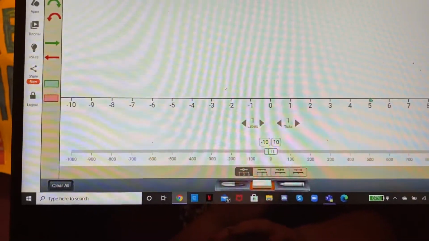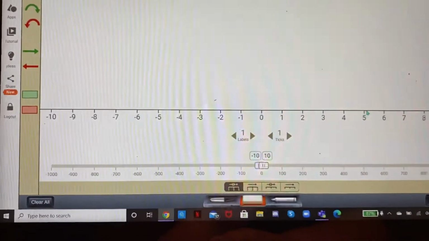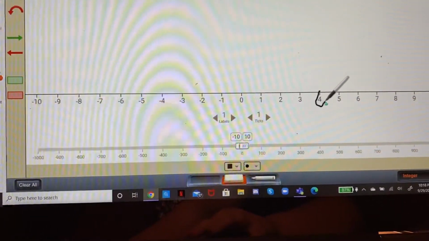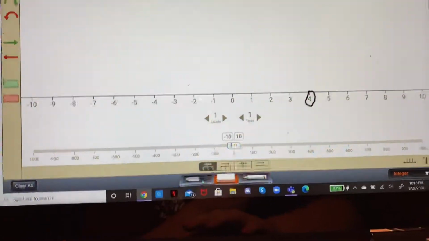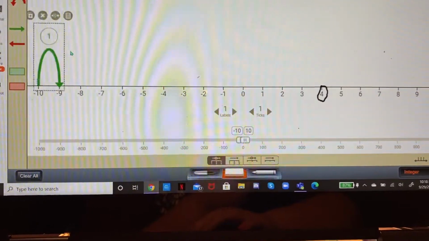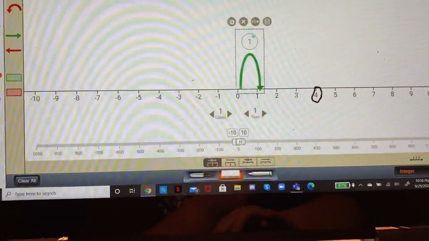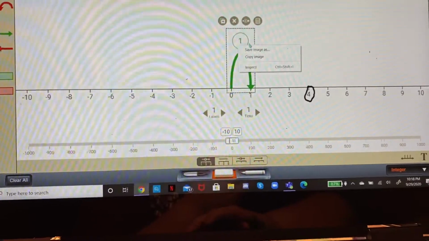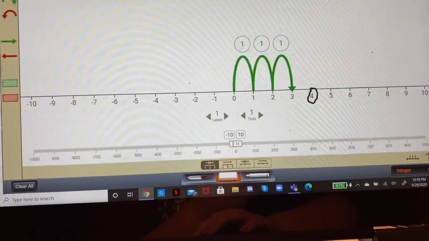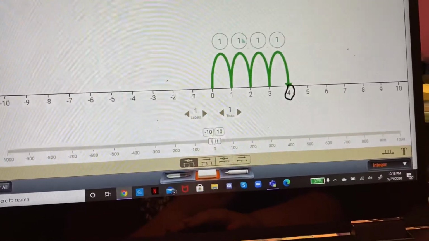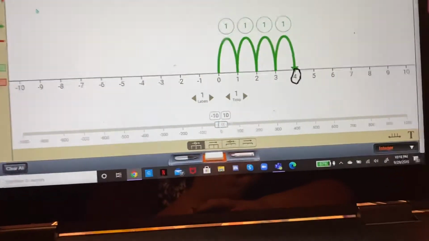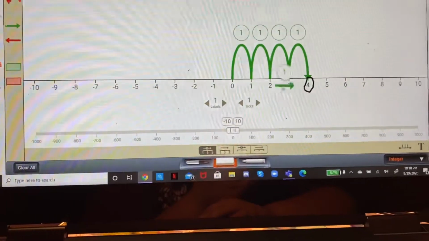So here we have the number 4. We're trying to get to 4, right? So we would move 1, 2, 3, 4 spots from 0, 4 positive spots in this direction.